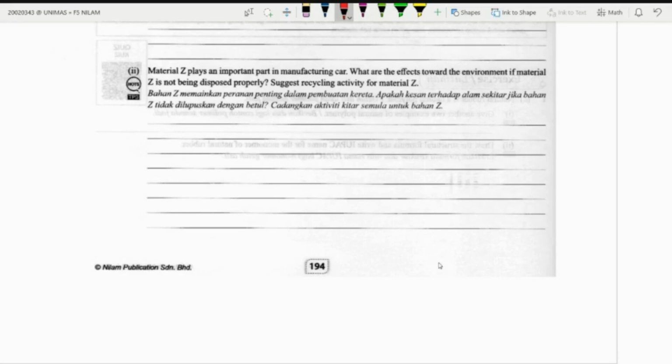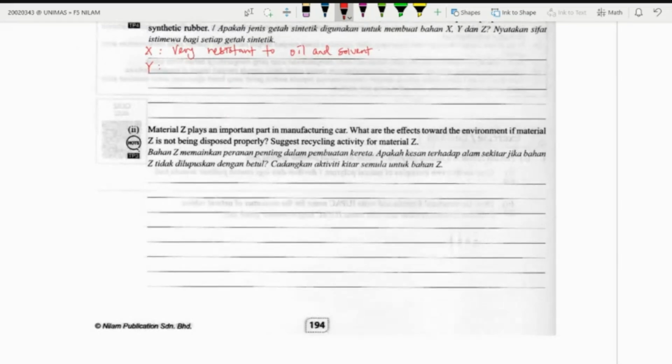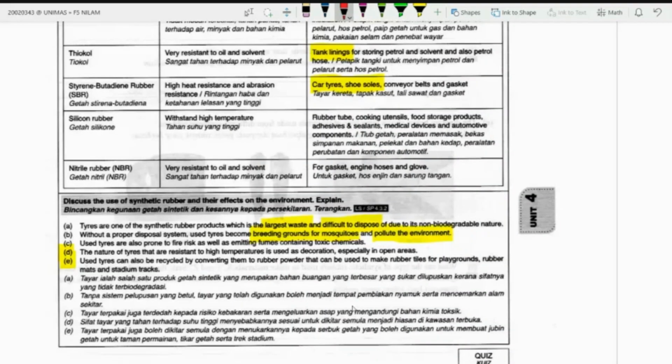Yes. Convert into rubber powder. Yes. This rubber powder, you can use it to make what? You can mention rubber tiles for playgrounds, then rubber mats, then stadium running tracks. Alice mentioned reuse the materials as flower pots, like Winnie mentioned just now, decorating open areas with flower pots. Good. So you can find from here just now.